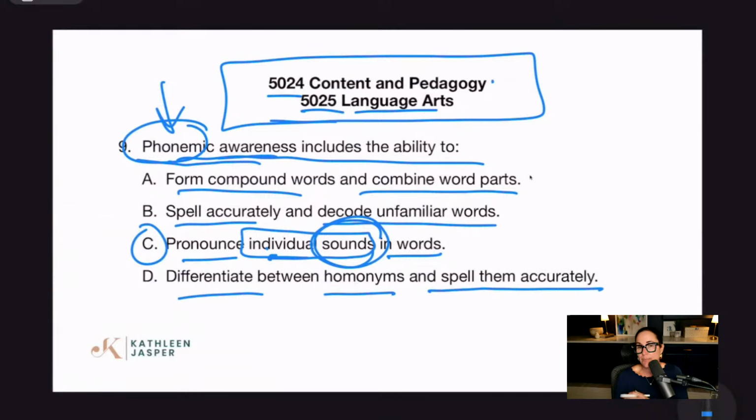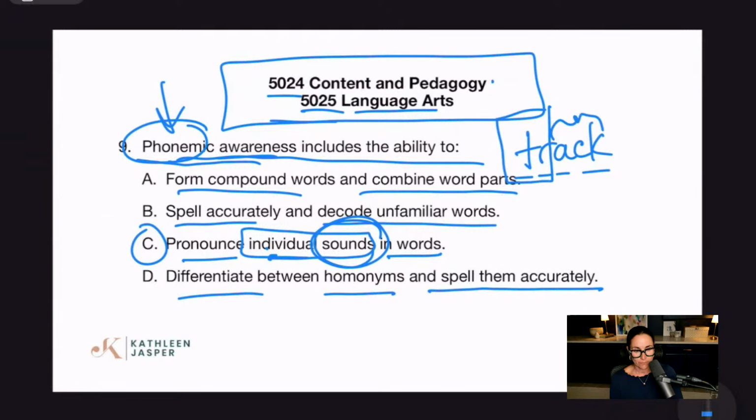Phonological awareness are bigger sounds in words. So for example, in the word track, if I were doing phonemic awareness, I would go t-r-a-k. 4 sounds, individual sounds. If I was doing phonological awareness, I might break this word up by onset and rhyme.